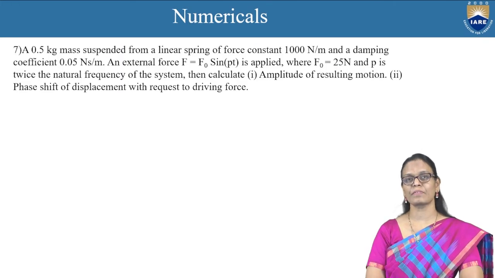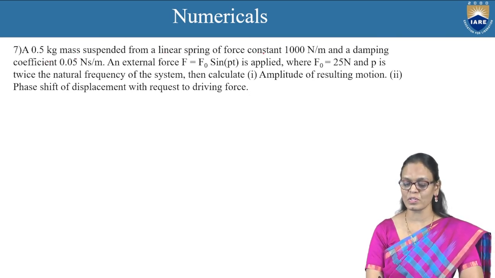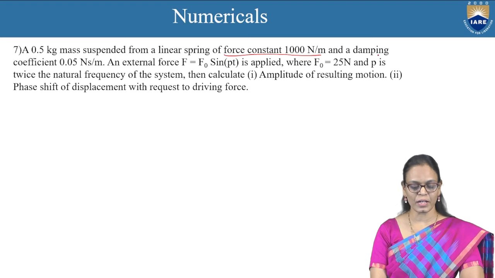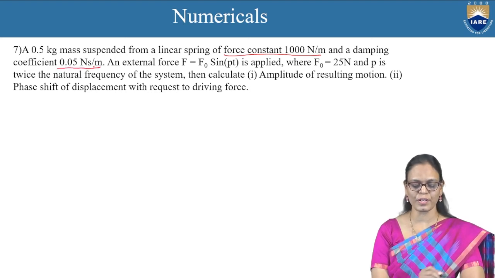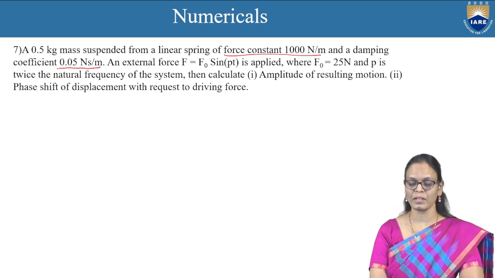Now let us see the 7th one. A 0.5 kg mass suspended from a linear spring of force constant 1000 Newton per meter. So the force constant is given here. And a damping coefficient of 0.05 Newton second per meter, that is given.